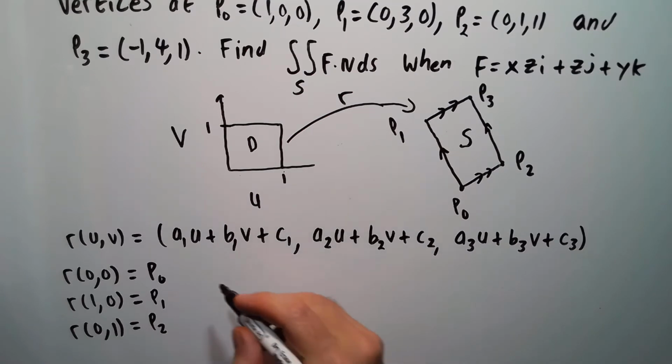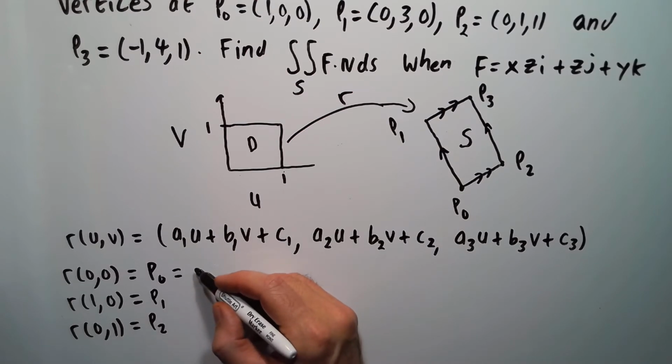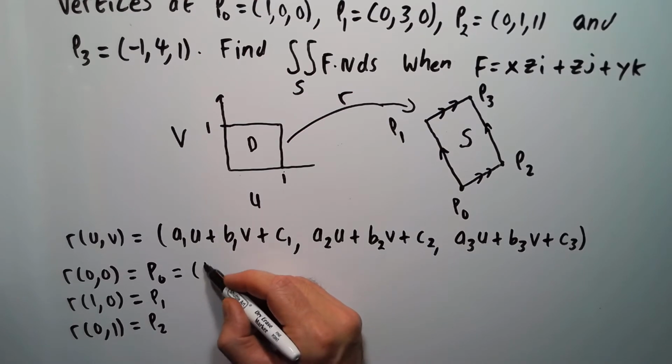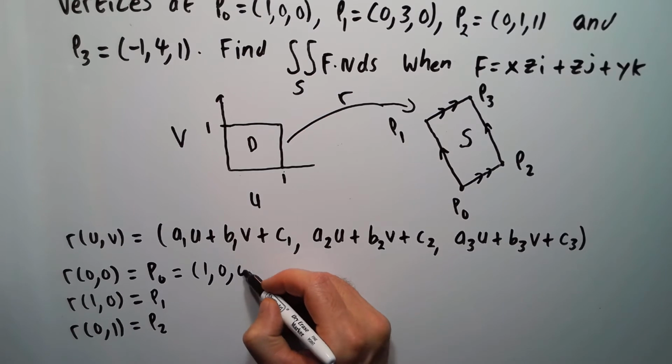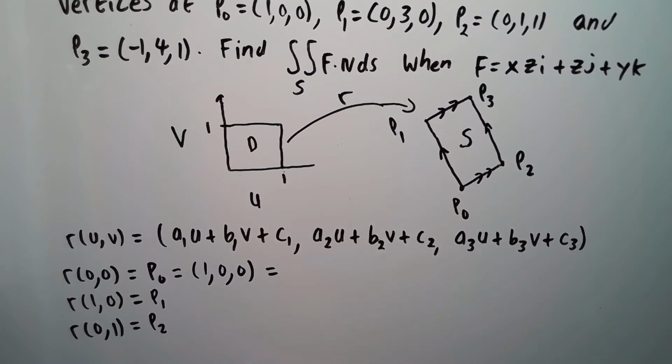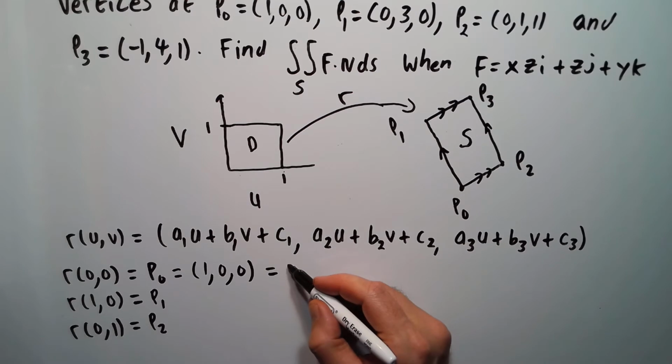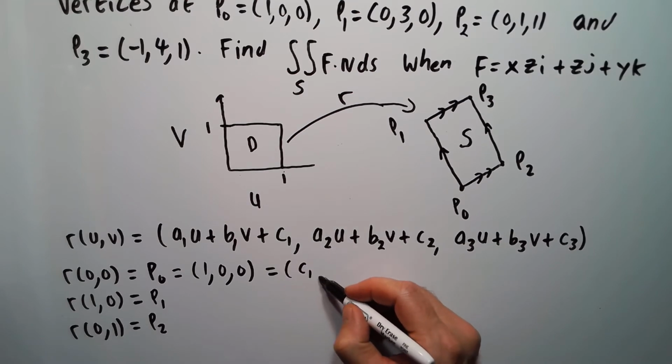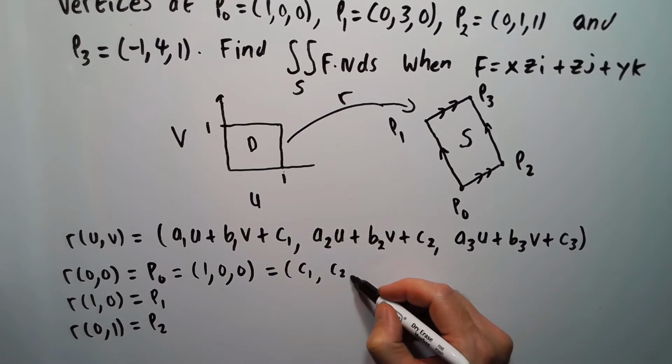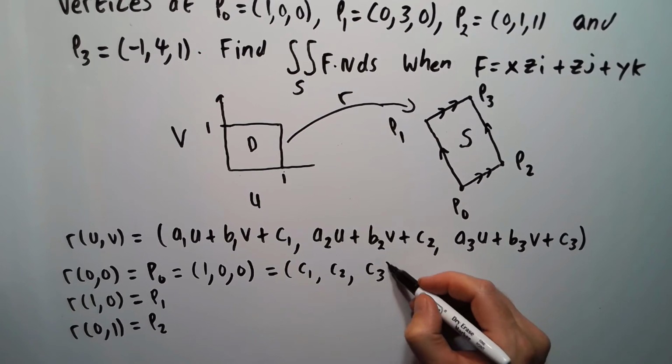So looking above, our P0 is (1, 0, 0). Now we're going to put 0 in place of u and 0 in place of v all the way across. Doing that, you just end up with C1, C2, C3.